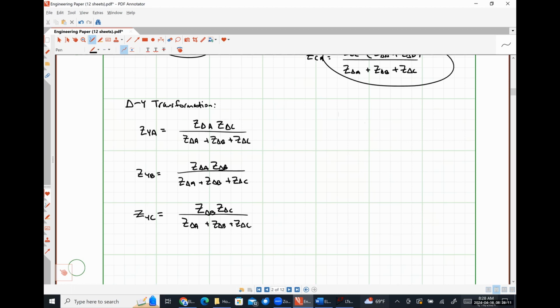Now let's explicitly constrain things to be balanced, right? So in a balanced system, all of our Z delta A, B, and C have to be the same value. If we looked at our expression for ZYA, that would look like Z delta times Z delta, or Z delta squared, divided by Z delta plus Z delta plus Z delta, which is just 3 Z delta.